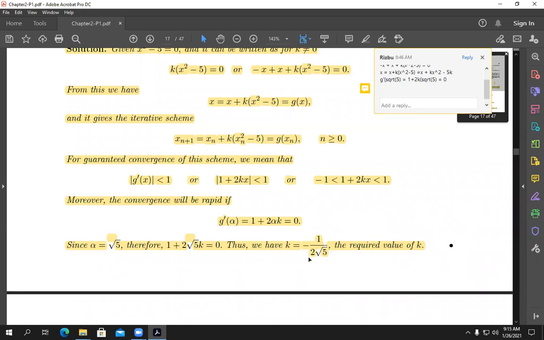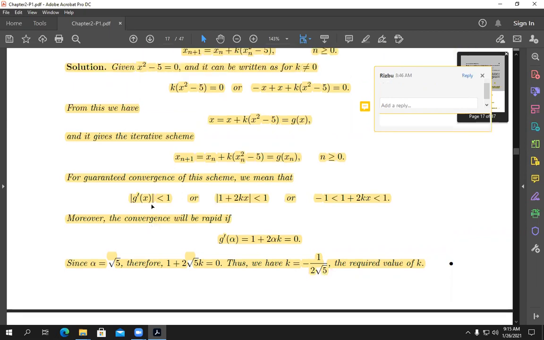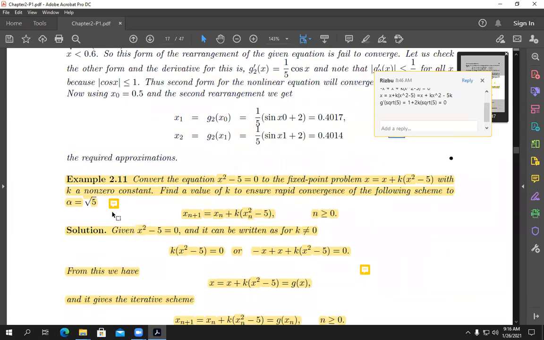Last time I gave this example in the exam. I say, find the value of k, which I solved in the book here. Then I give one more question after that one.